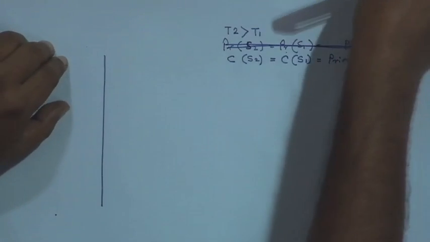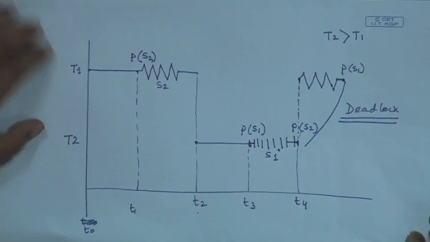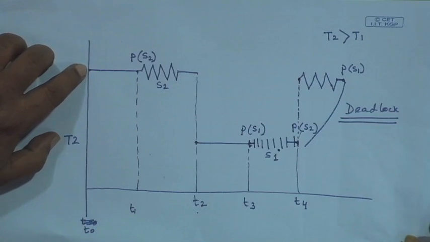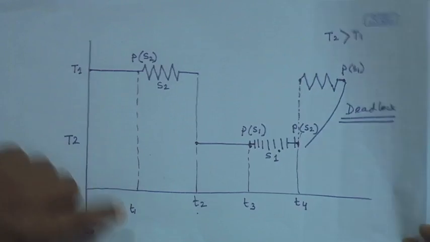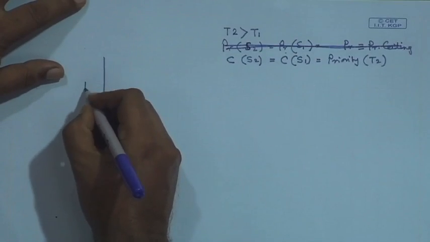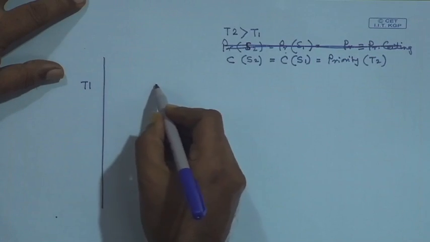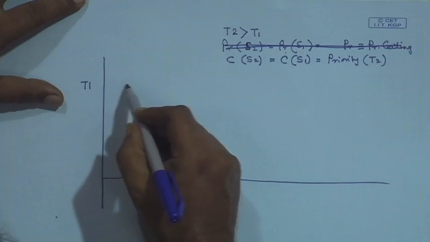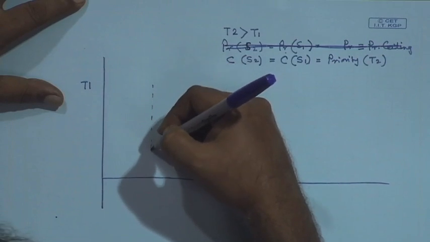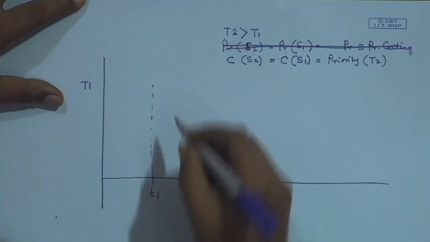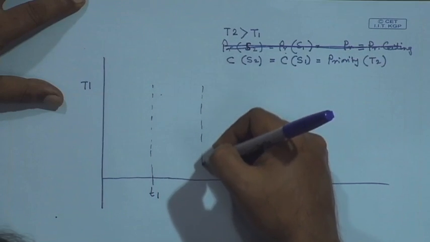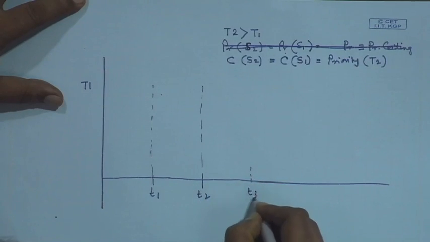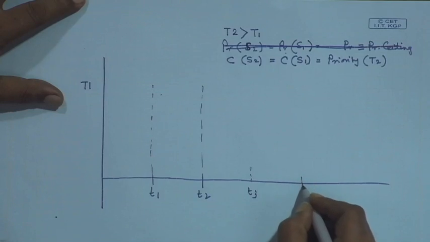Now, once again I bring into the picture the earlier example. First T1 is starting. Let us mark the timeline first. So, this is t1, this is t2, this is t3, this is t4.